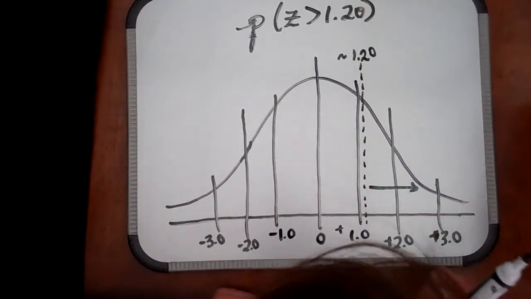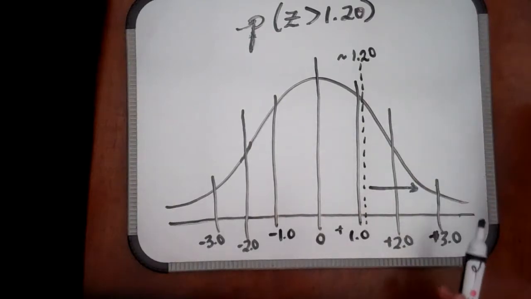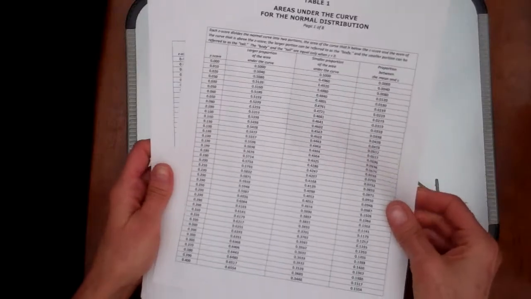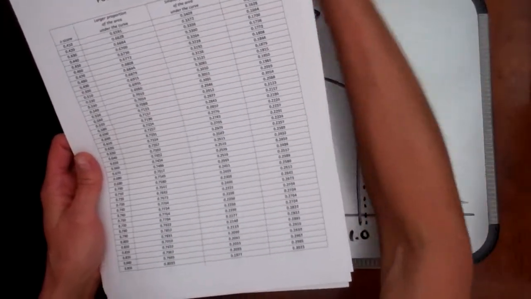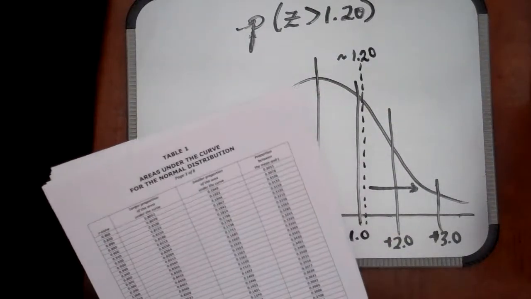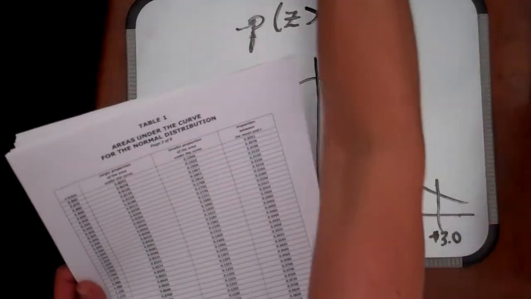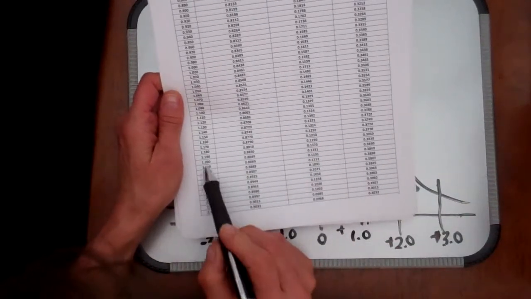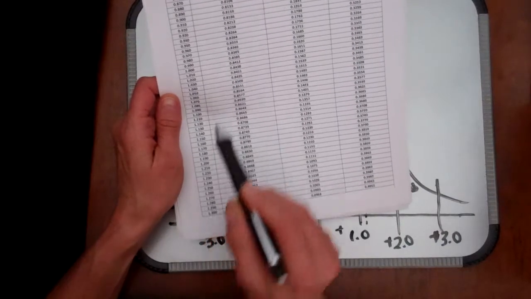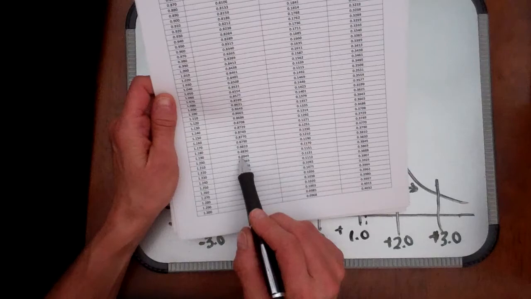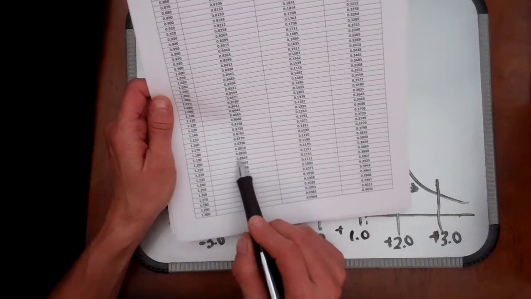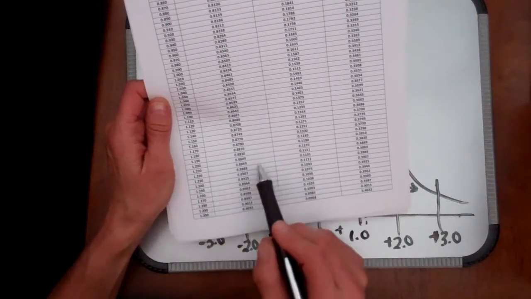And so if we want to know the area under the curve associated with this, we have to go to our table, and here's our table that I hope you've printed out by now. This is done in a way that's long, but it makes it a little bit easier to use. And we identify 1.20, we find 1.20 under our z-score list, and these are the areas under the curve that are demarcated by a z-score of 1.2.